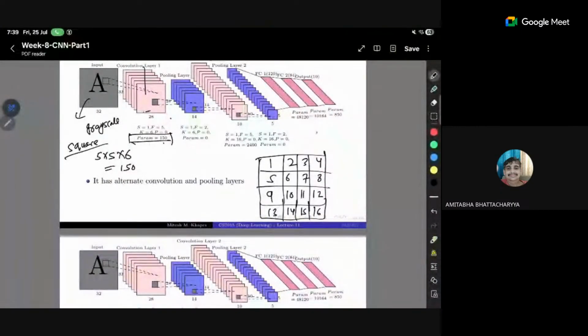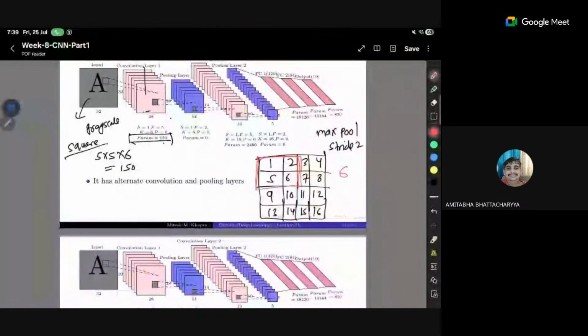Now let's say I apply max pool and stride 2. So in this also I can do stride 2. First I'll put my max pooling layer here, and whatever the maximum value is, I'm going to extract it. So that is 6, in this first one.